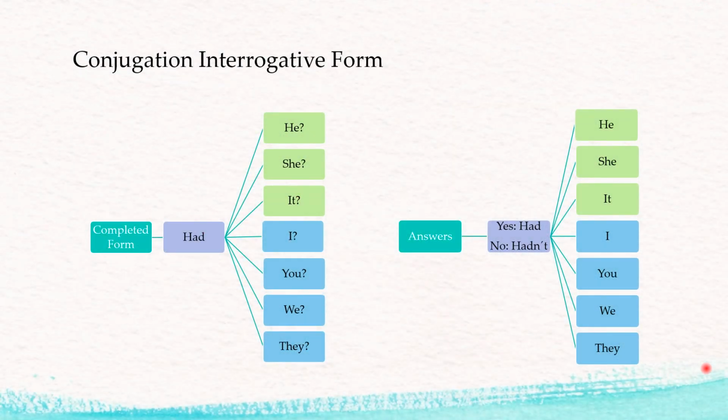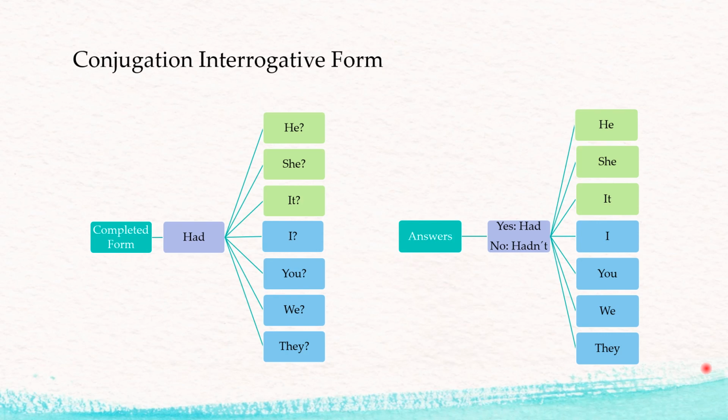Good morning, kids. Our class today will be about the interrogative form of past perfect. We will start with the conjugation in completed form. That is, had I, had you, had we, had they.